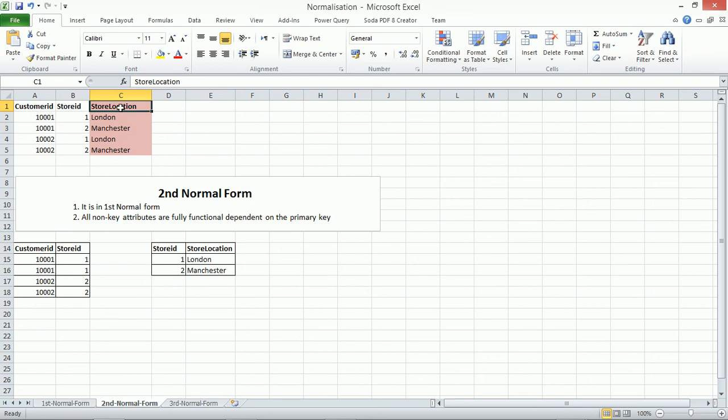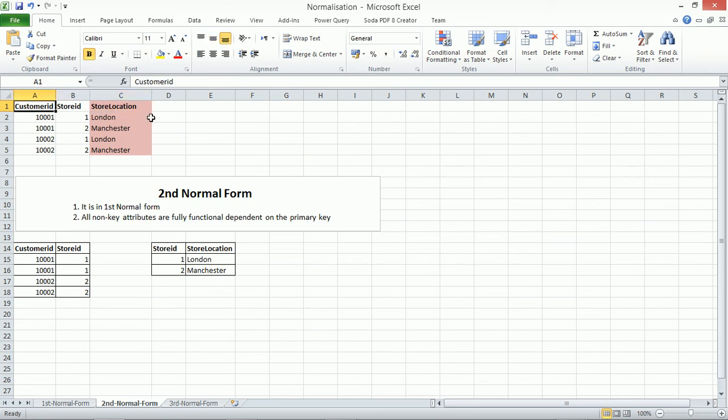So a non-key attribute, store location, depends upon a primary key, store ID. But in this example, it's also related to customer ID. Store location is only dependent on customer ID because of store ID, but store location and customer ID are not directly related.